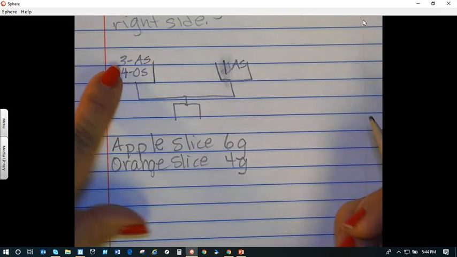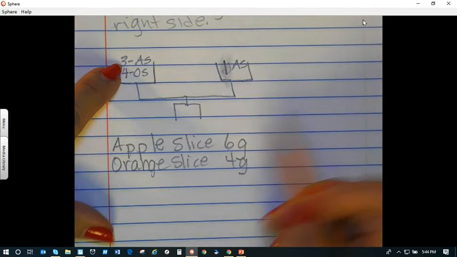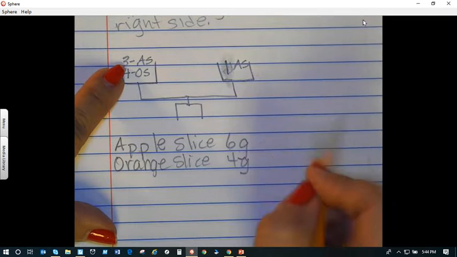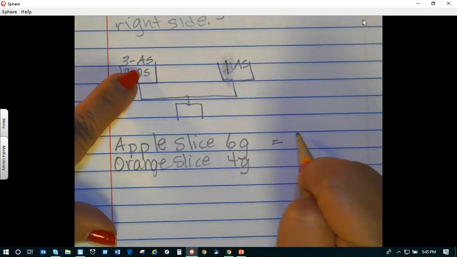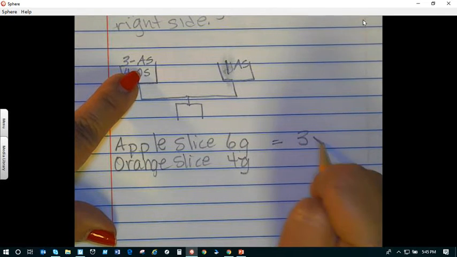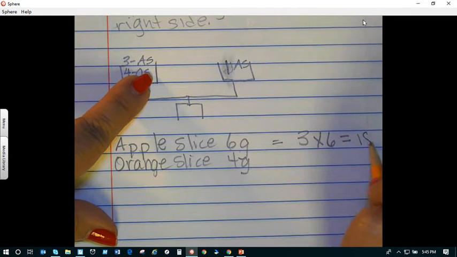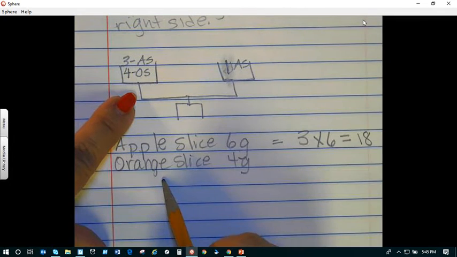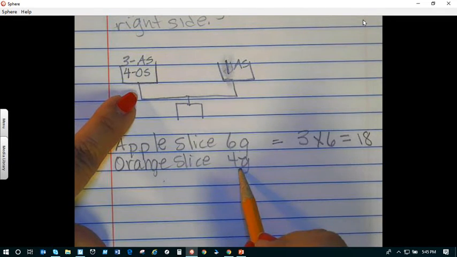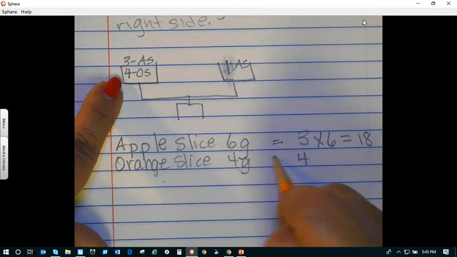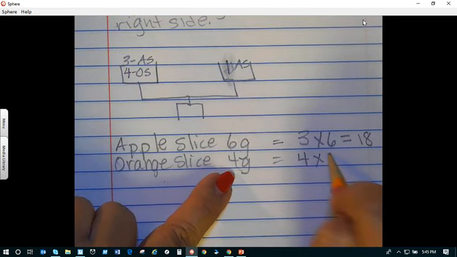So how many do I have here? I have 3, and my apple slice is, each one is 6 grams. So my equation will then be 3 times 6. That gives me how much? That's 18. My orange slices, I have 4. It weighs 4 grams each. Well, over here I have 4 orange slices at 4 grams each.